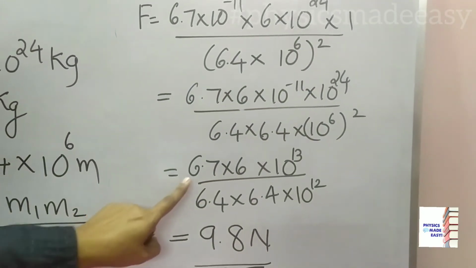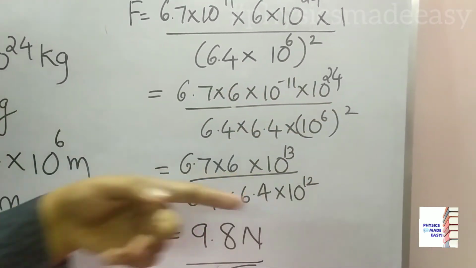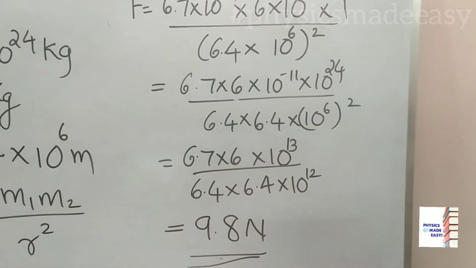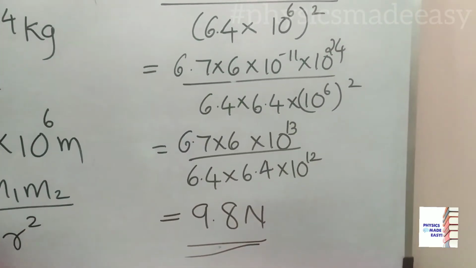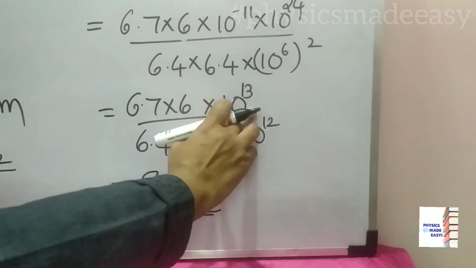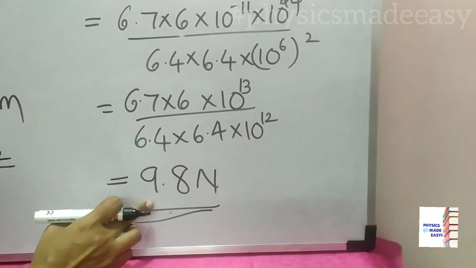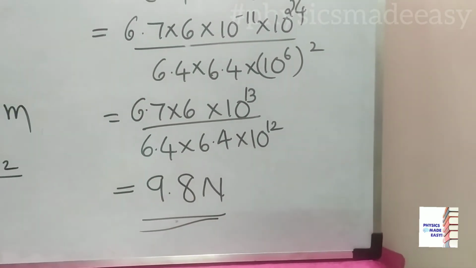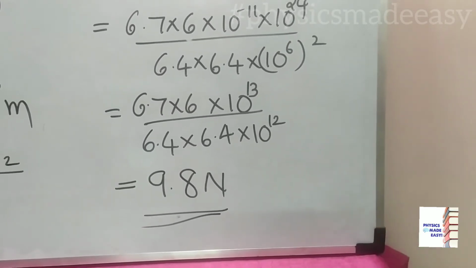Then you will get 6.7 into 6 into, here it will be 10 raised to 13. You have to apply law of exponents. Then here 6.4 into 6.4 into 10 raised to 12. After solving this, here you can get 6.7 into 6 into 10 divided by 6.4 into 6.4. You will get 9.8 Newton. That is the force here.